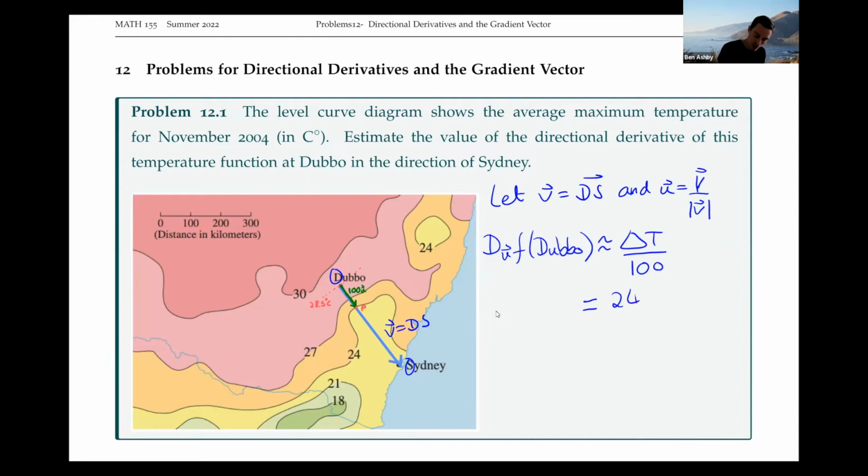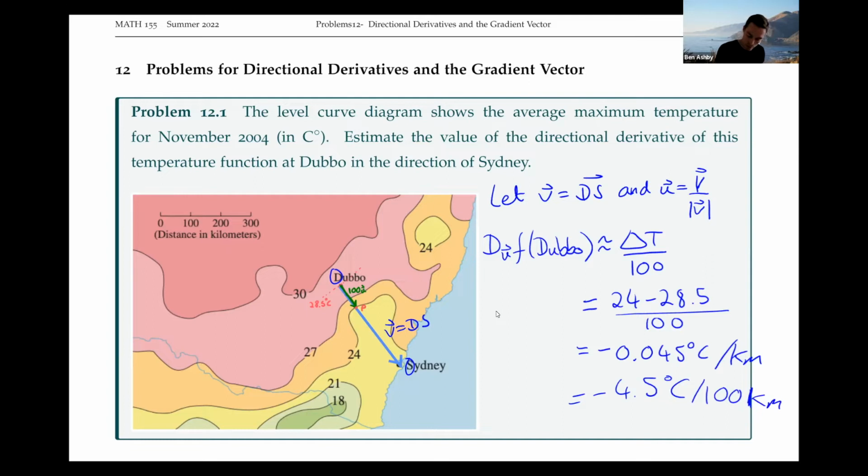The temperature at P is 24, temperature at Dubbo is 28.5, dividing by 100, which gives us minus 0.045 degrees C per kilometer, or it's a little bit easier to work with, minus 4.5 degrees C per 100 kilometers.